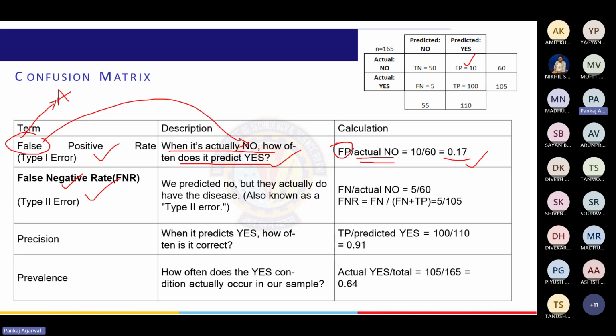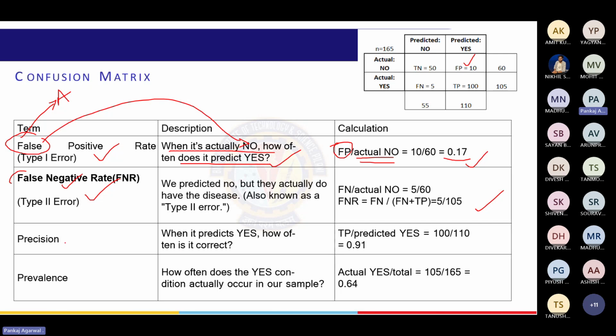And similarly, the false negative rate. We predicted no, but actually they had the disease, right? Also known as type 2 error. With the same thought process, you can put this together.